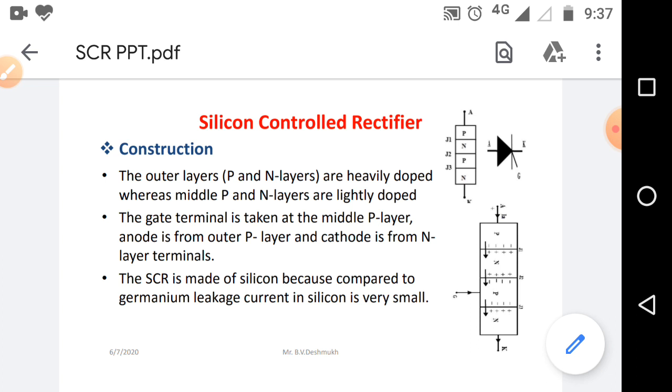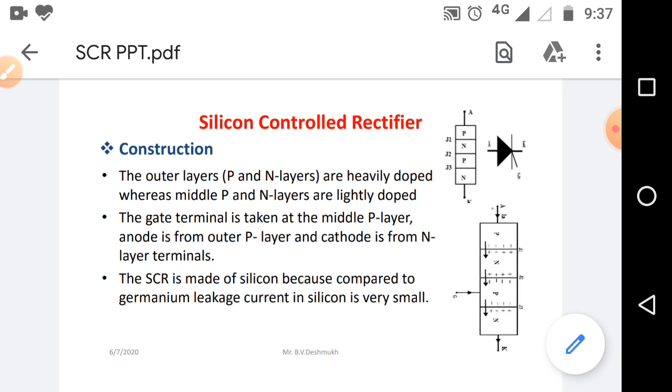This is also part of the construction of SCR. According to the construction of SCR, we are using P-type and N-type semiconductor material. These can be silicon as well as germanium, but here I am using silicon.